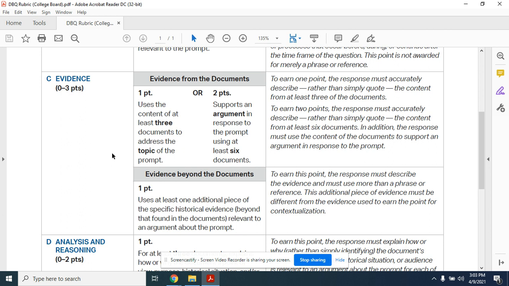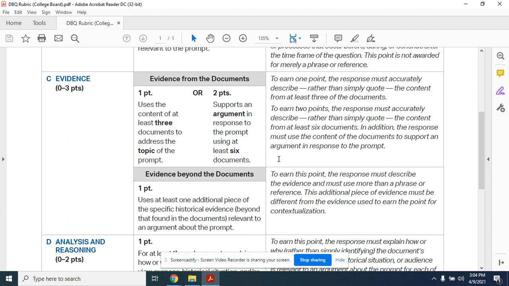And it is not simply a reference. It can't be a little throw-in, oh yeah, and there was the coercive acts. Okay, what about them, right? Just like for the documents, the 6 documents that we're going to try to use effectively, we need this additional piece of evidence to be described a little bit. We need to explain how or why it supports our claim, right?